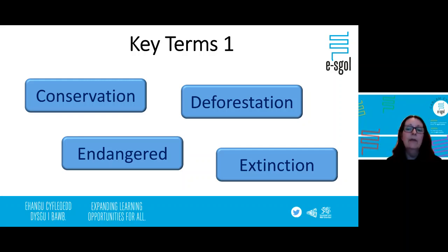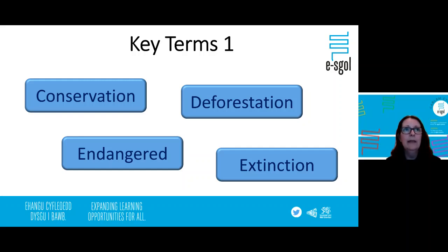Trees and their roots are very good at anchoring the soil, and the problem with deforestation is that as trees are taken away, that soil has nothing to keep it there. So as it rains over a period of time, that can wash away the topsoil, so it becomes less effective at supporting cattle, and it becomes nutrient depleted, so it is more difficult to grow crops.